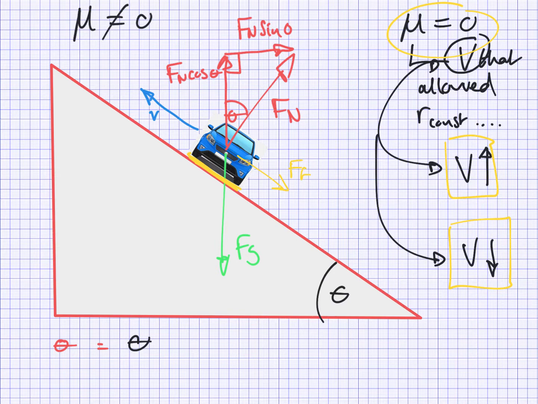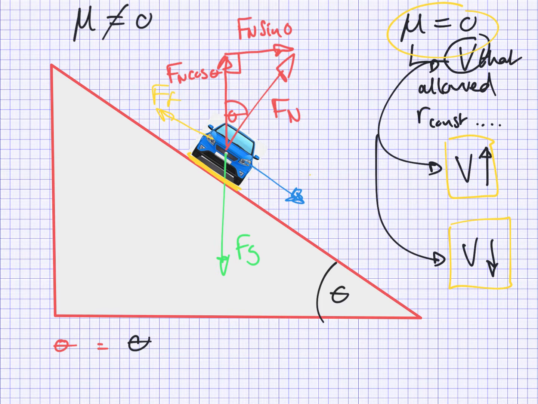And vice versa, if the motion of the car was to slide down the ramp, so if we put the motion to be going this way, if the speed was slower, the car would start to fall down the ramp, then the frictional forces would be going up the ramp.